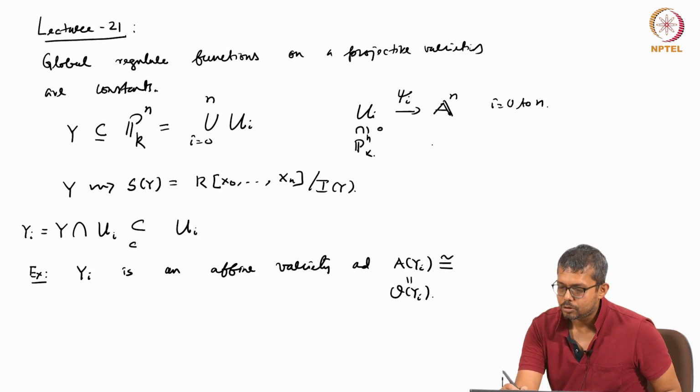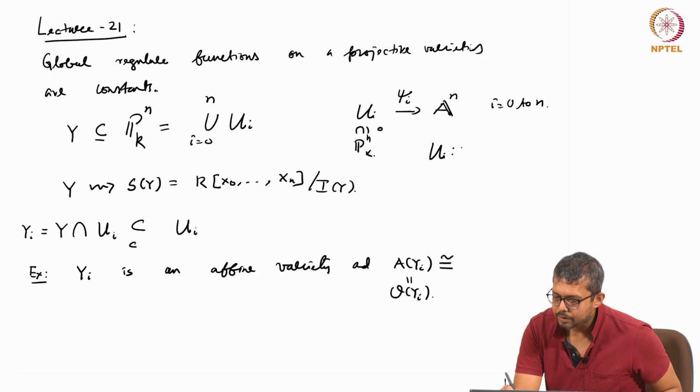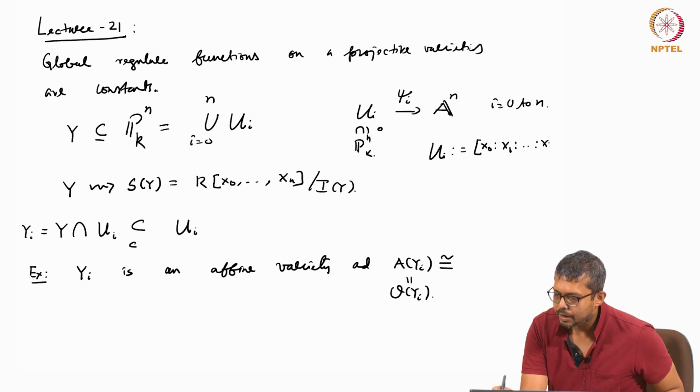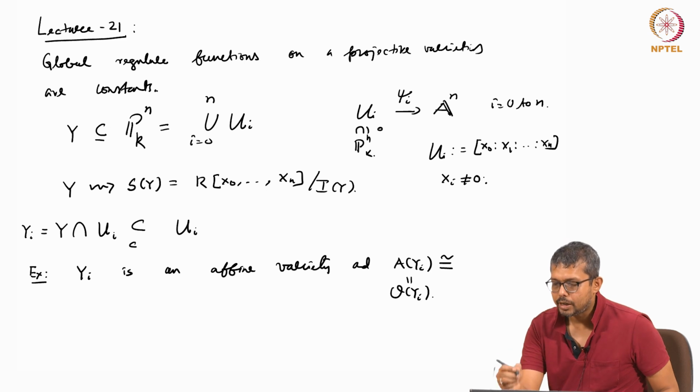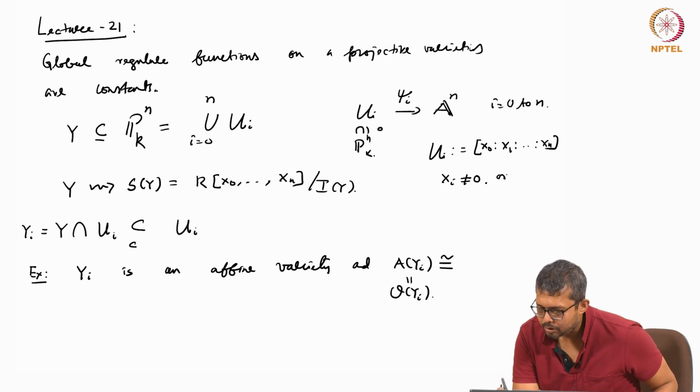So Ui is basically the set of points (x0, x1, ..., xn) such that xi is not equal to 0, or xi equal to 1.